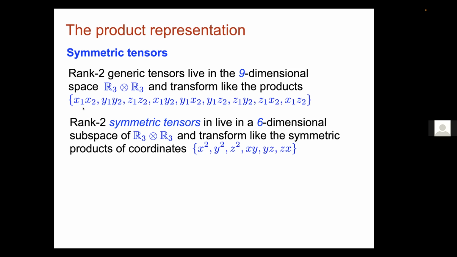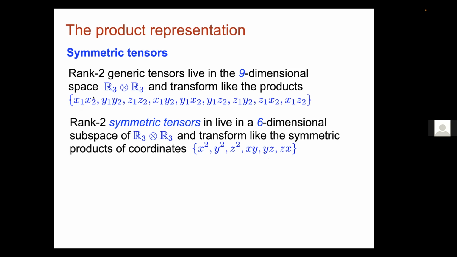Here I have x1 and x2, but here I only have just one set of coordinates. Why? Because if the tensor is symmetric, there is no distinction between x1, y2, and y1, x2. I mean, T12 is the same as T21. So how do I get this? Just by taking a product of xyz with xyz.